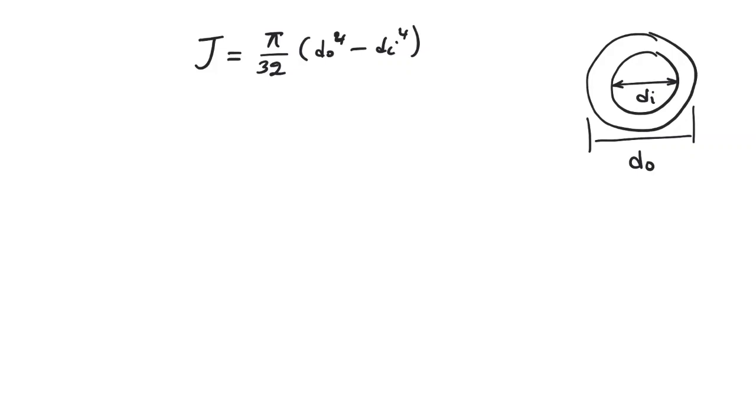And I told you that I for the same cross section is pi over 64 times d0 to the power 4 minus di to the power 4.